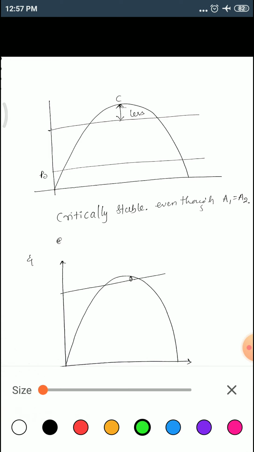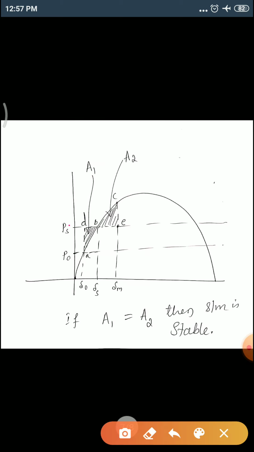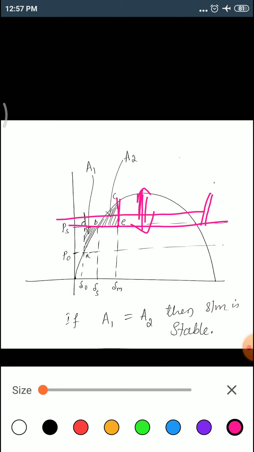Suppose you increase PS; observe in the earlier one, and then we'll come back to this. Now, up to this much we have area to increase the load. If it comes here also, there is still this much area to cover it back. Again we can say the system is stable.